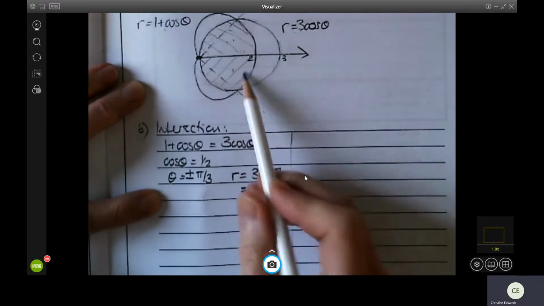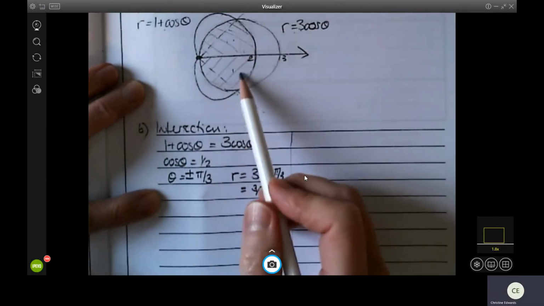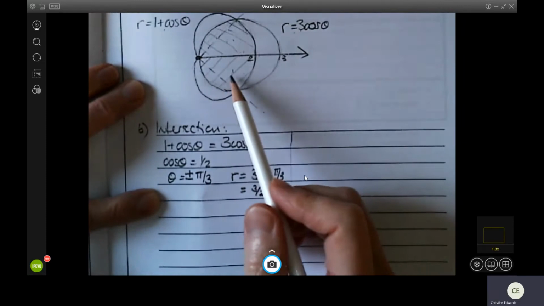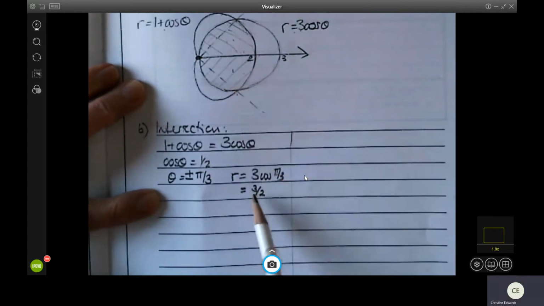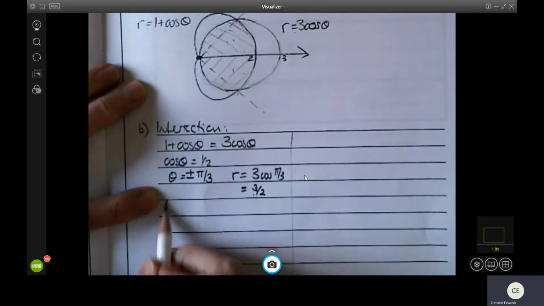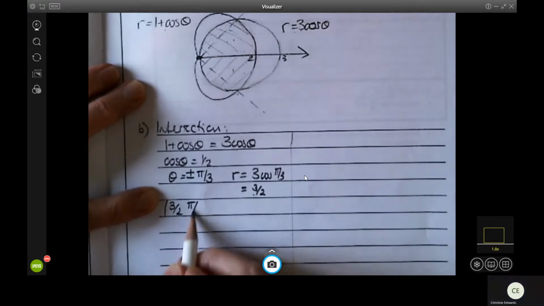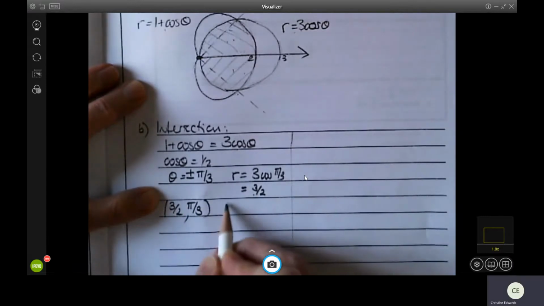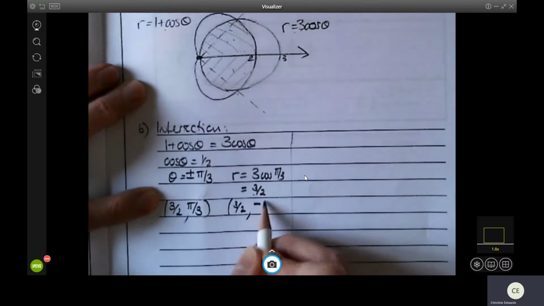Now, because I know the curves are symmetrical, because of my knowledge of polar curves, I'm just going to be able to use 3 over 2 for both coordinates. So the points of intersection are 3 over 2 and the angle pi over 3, and 3 over 2 again, and this time minus pi over 3.